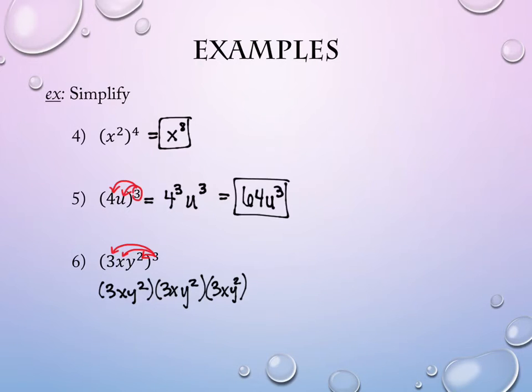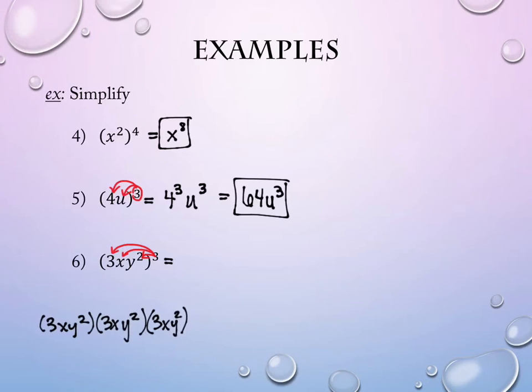Okay, that's what cubed means. If we do it as a distribution step, like we started on number 6, then we have 3 cubed. We have x cubed. And what will we do to the y squared? Yeah, it'll be y to the 6th. Good. So we multiply the exponents, right?